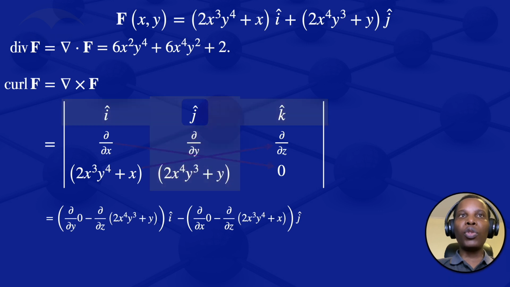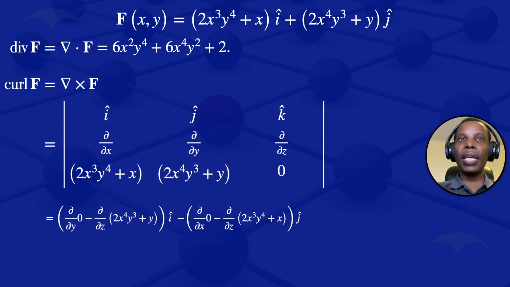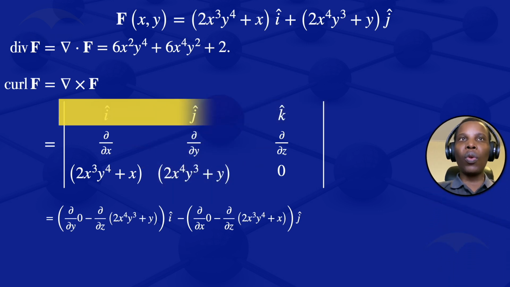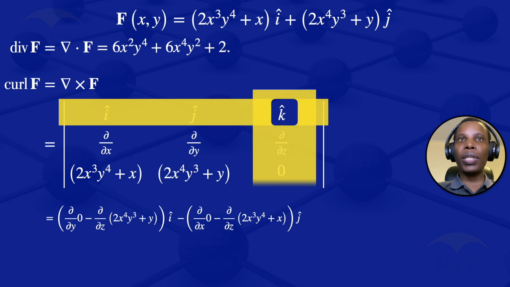I then move on to the last element there, the k. So I close the row and the column containing the k, and the k is sitting on a positive. So I will then go on and evaluate the determinant of the uncovered elements. So we'll be looking at the partial derivative with respect to x of 2x to the power 4 multiplied by y cubed plus y.